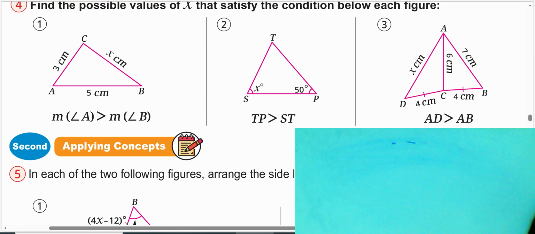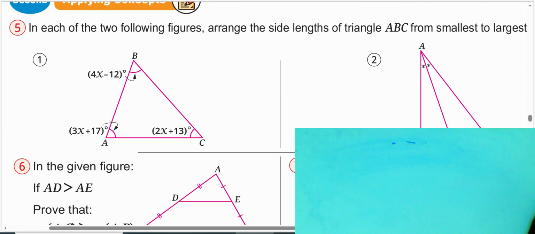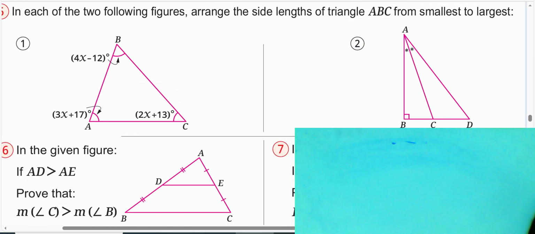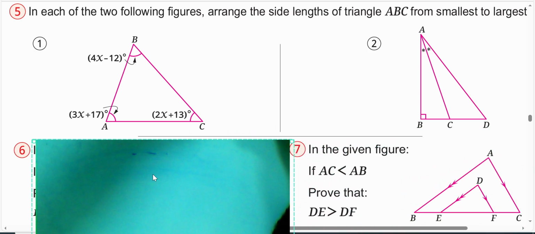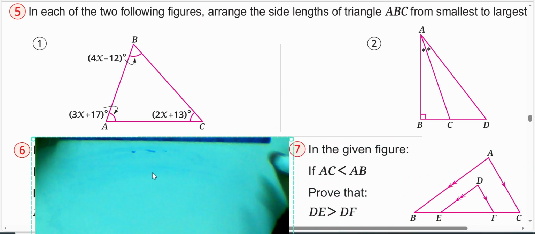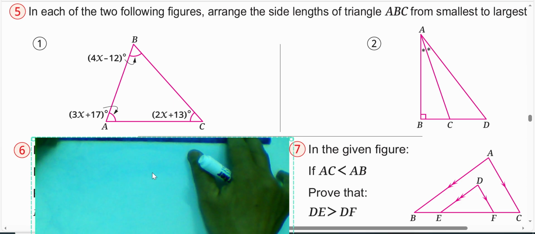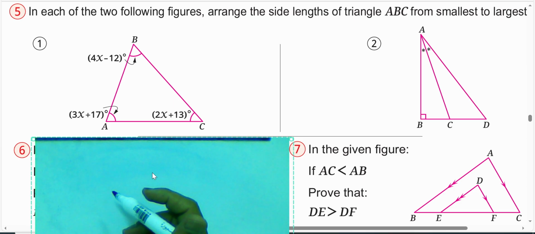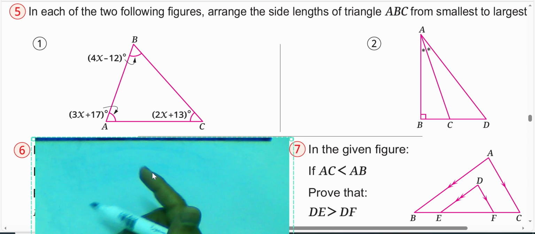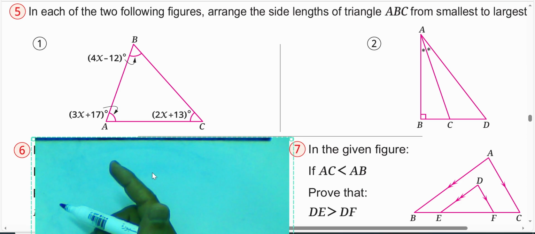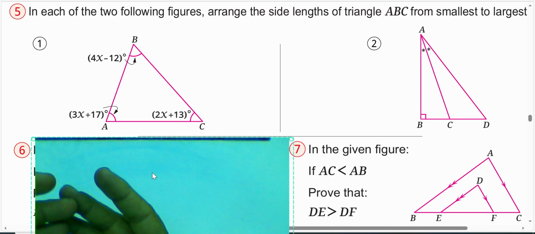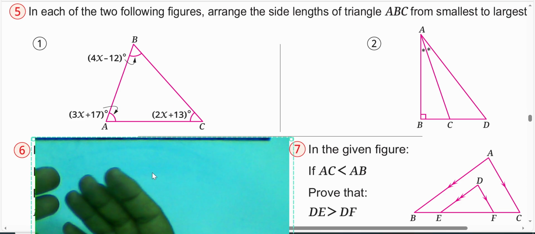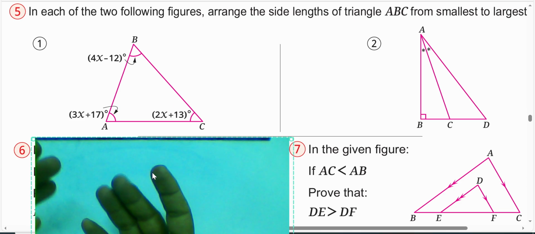Next question, applying concepts. Second, in each of the two following figures, arrange the sides of triangle ABC from smallest to greatest. In the first triangle, we have 3 angles. We can find the measure of x first, since the sum of the interior angles of any triangle equals 180.